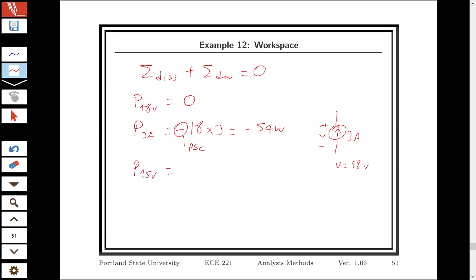Also, the power on the 15 volt source is minus 15 times 3, which is minus 45 watts. Okay, so the situation is like this for this source. This is 15 volts, and we have I2 flowing here, and I2 is 3 amperes, remember, and this is due to the passive sign convention, right?